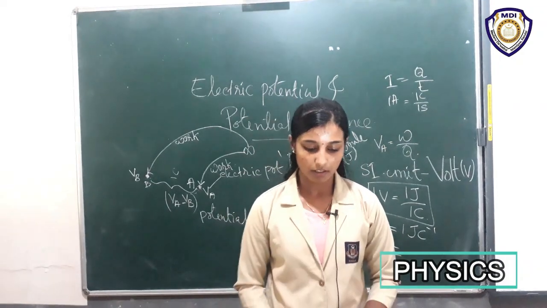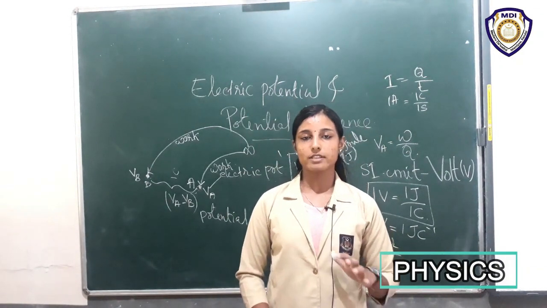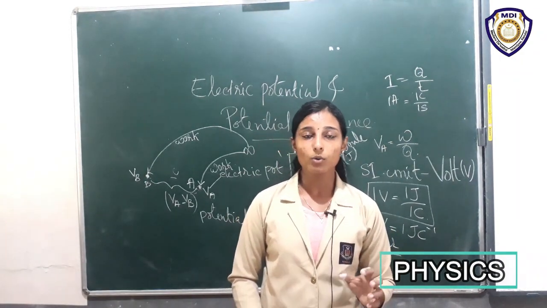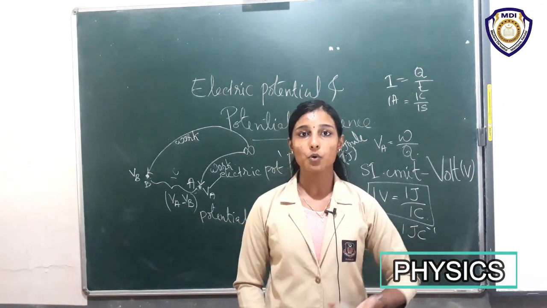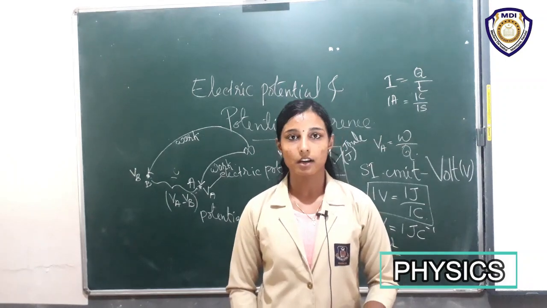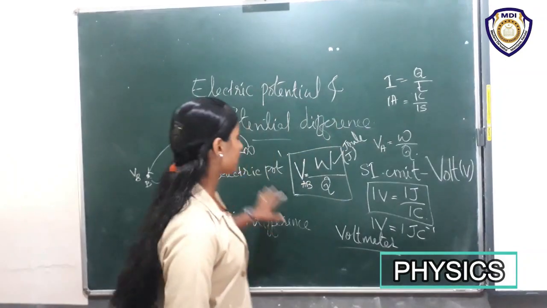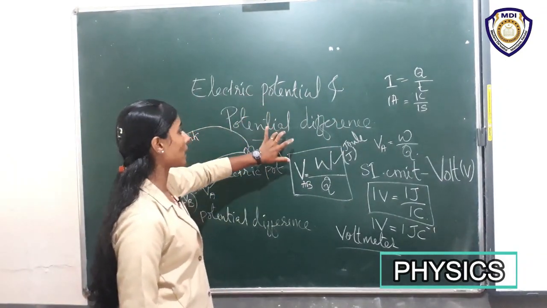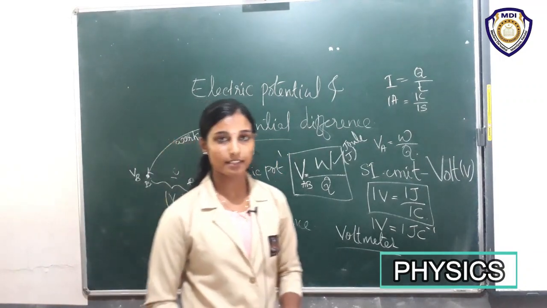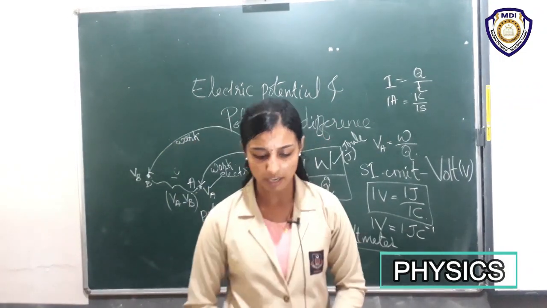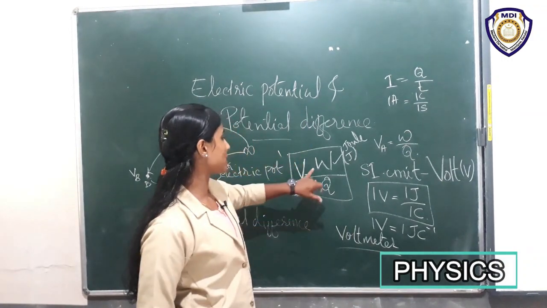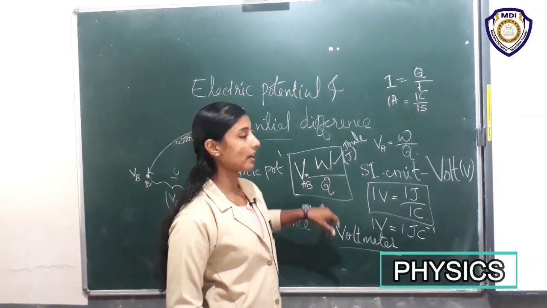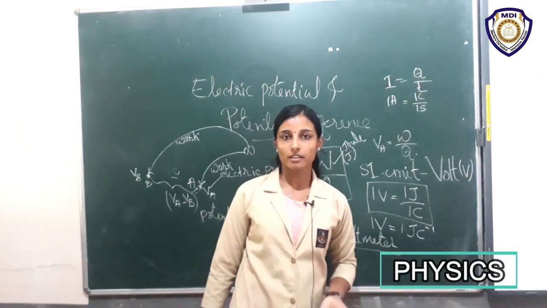And now we studied how the current flows through a circuit and what causes the flow of charges, right? And now we know the difference between electric potential and potential difference. Here we have the equation for potential difference, that is work done per unit charge, right?